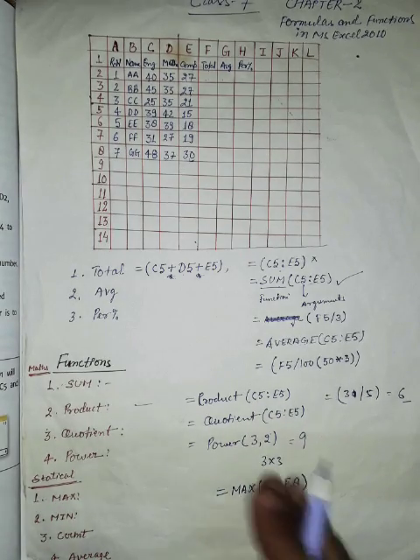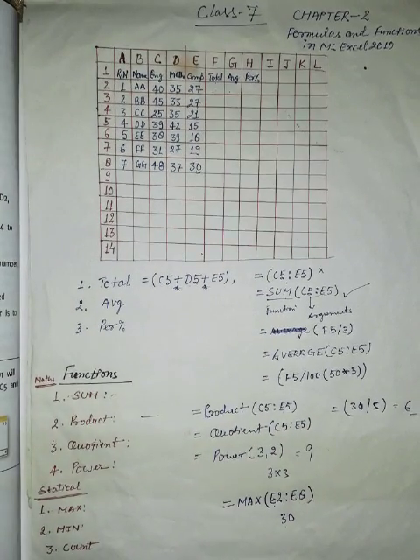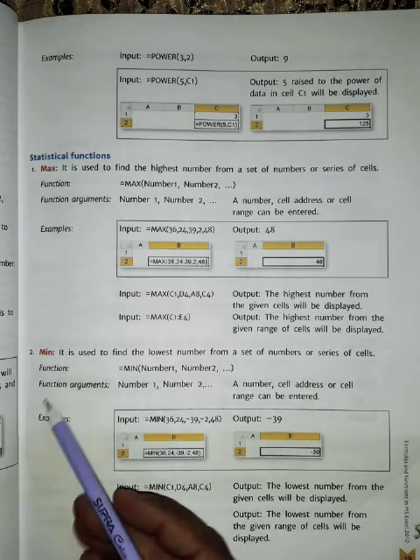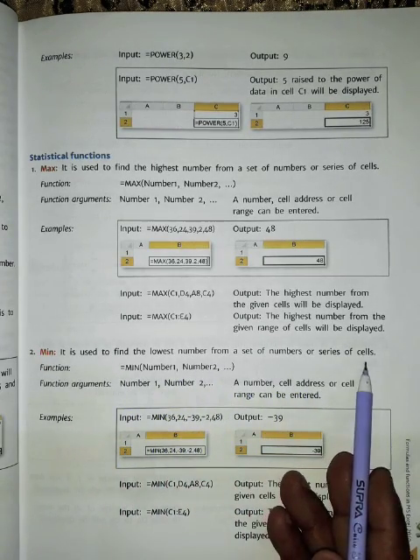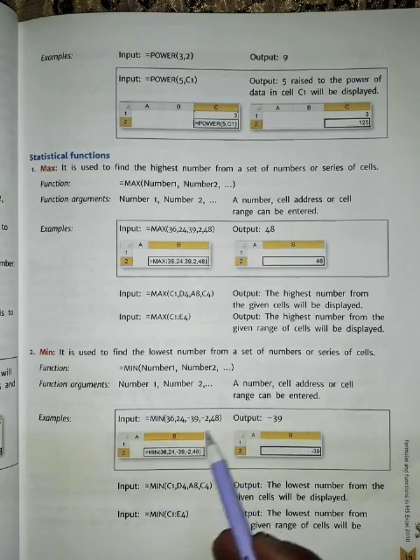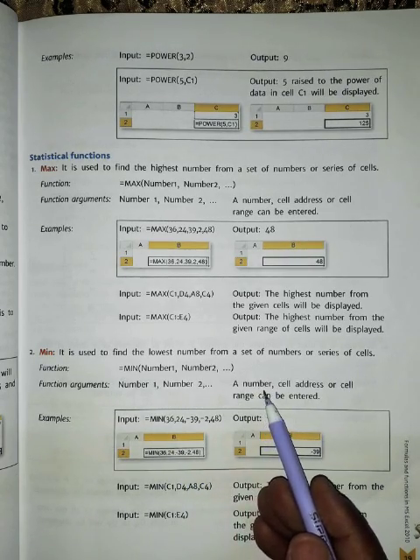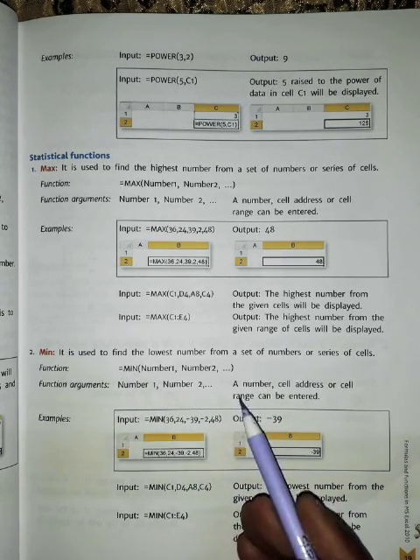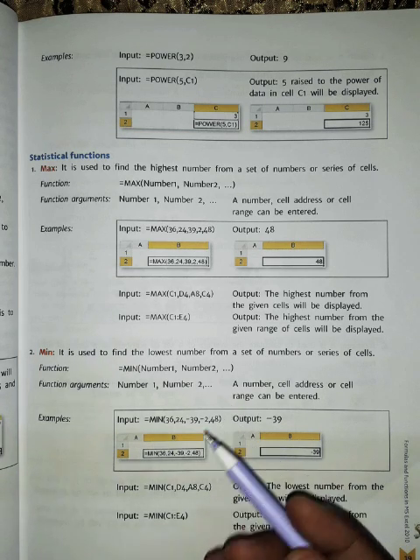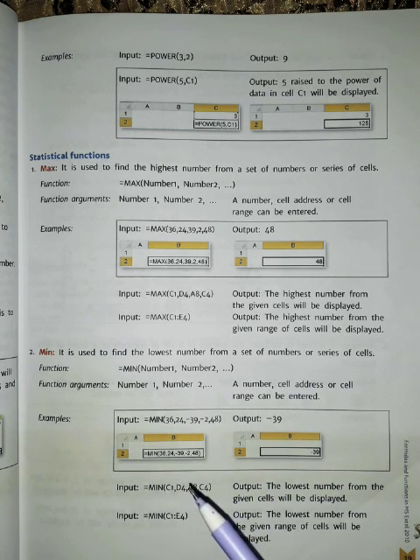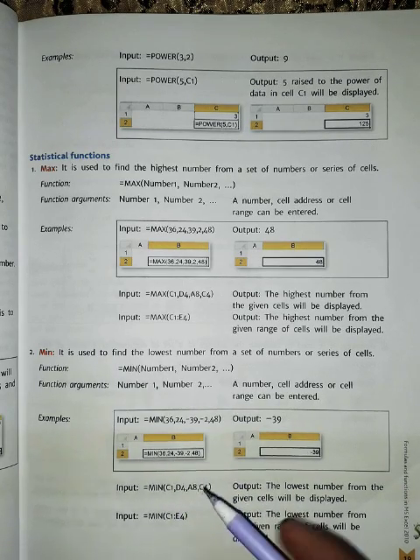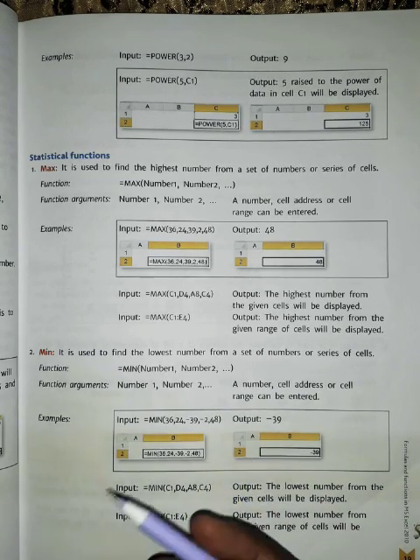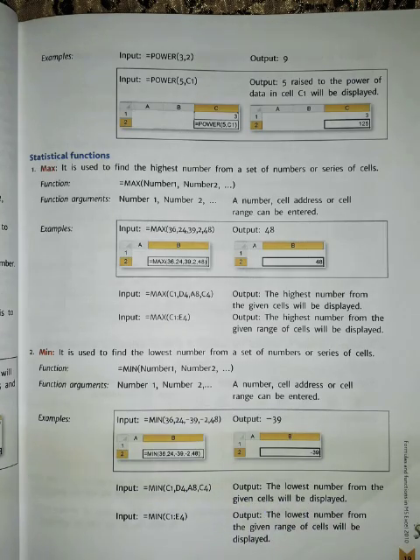The same applies to the minimum function. It finds the lowest number from the set of numbers in a series of cells. Suppose in the given range you want to know the minimum marks in the given subject. You can find it in a very easy way, the same as the maximum function.